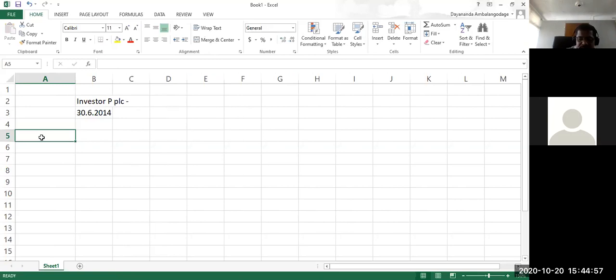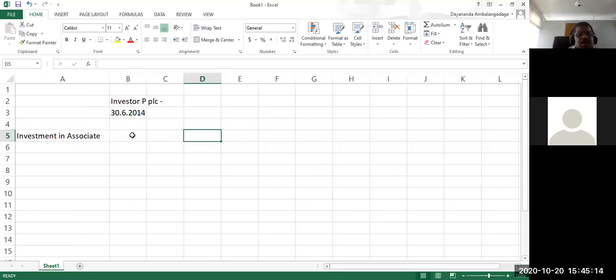In that you get the investment in associate and joint venture. Can you remember the word?